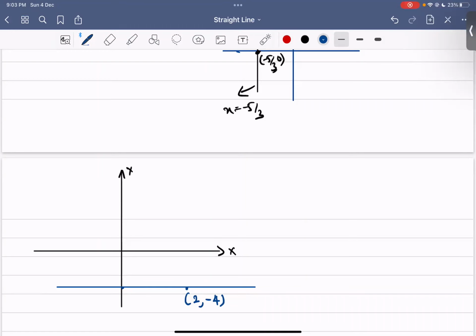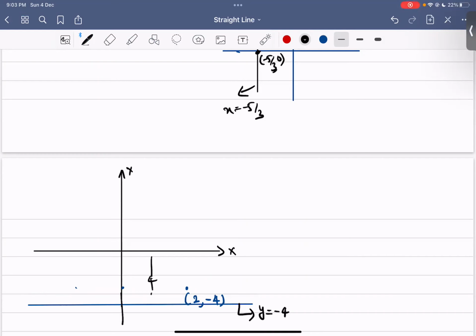So what is the line equation? Tell me here. Y is equal to minus 4. Yes. So this line equation is y is equal to minus 4, because this distance is the same, 4 units.